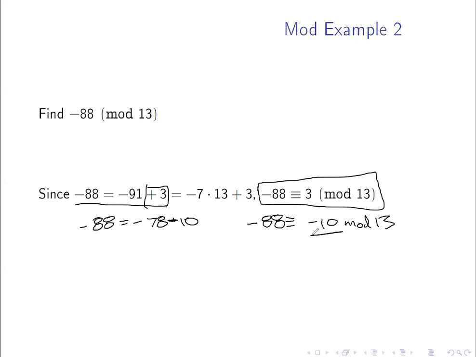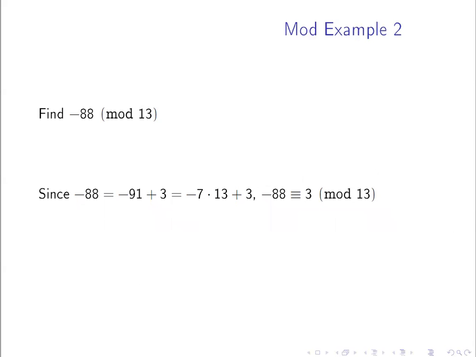But if you did this, notice this is not a least positive residue. Because negative 10 is equal to negative 13 plus 3, that actually tells us that this is congruent to 3 mod 13. So we always want the least positive residue to do this.